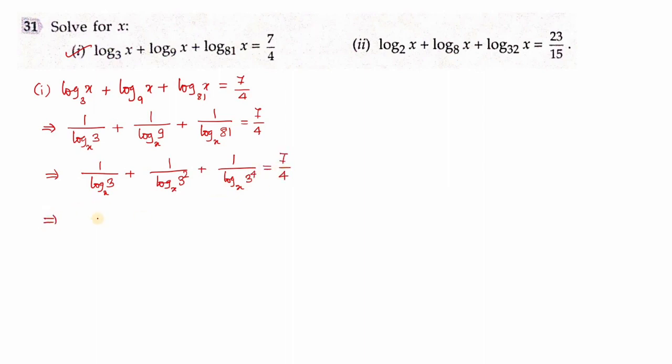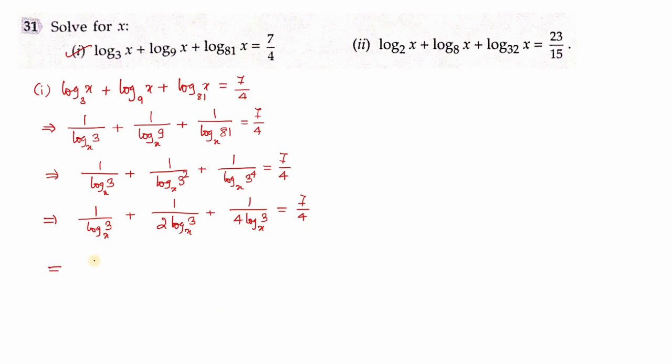So we will apply the power law in the second and the third. So this power comes out, so it is 1 by 2 log 3 at the base x plus similarly 1 by 4 log 3 at the base x is equal to 7 by 4. Okay, you see you have log 3 common everywhere.